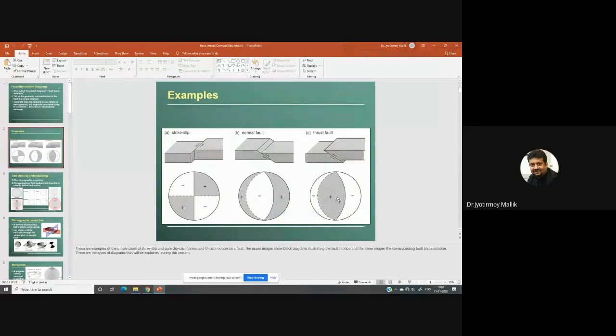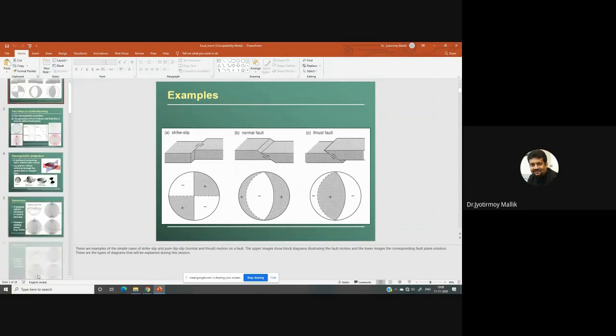So today our aim will be to understand how these diagrams are created. These are nothing but stereographic projections of the fault planes. That's why I asked you to learn about the stereographic projection or refresh yourself with it.